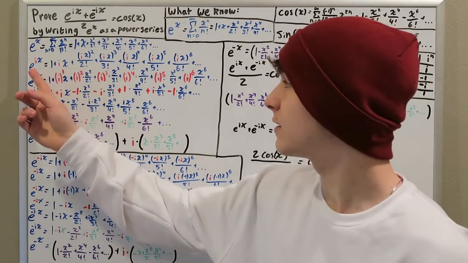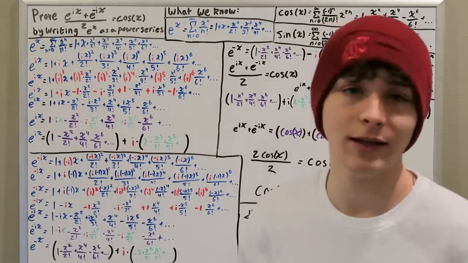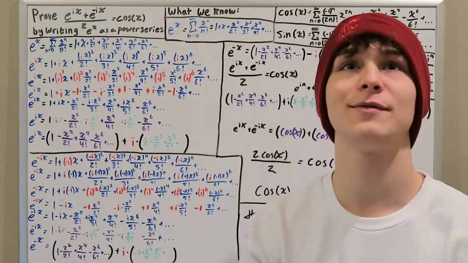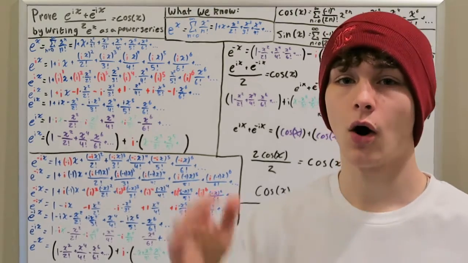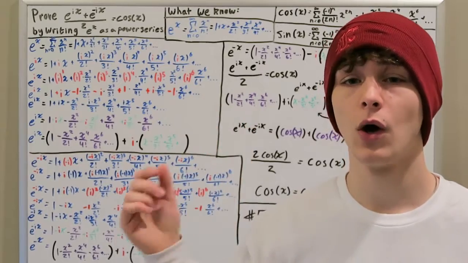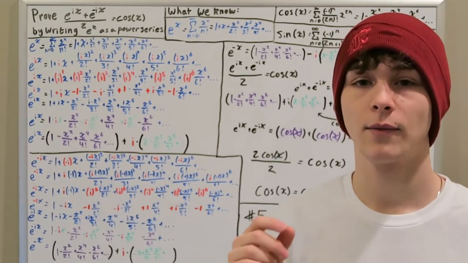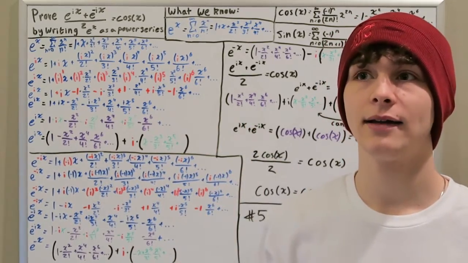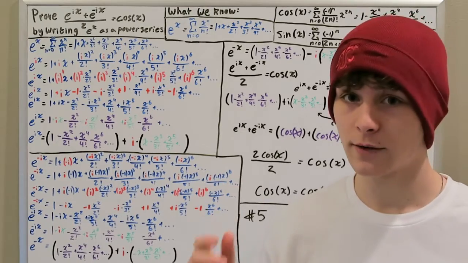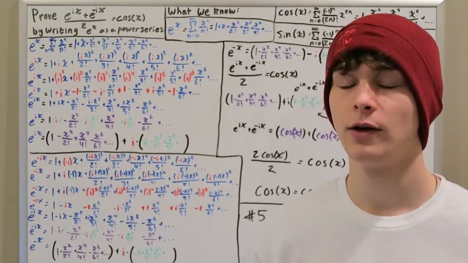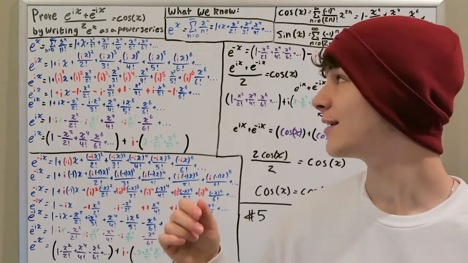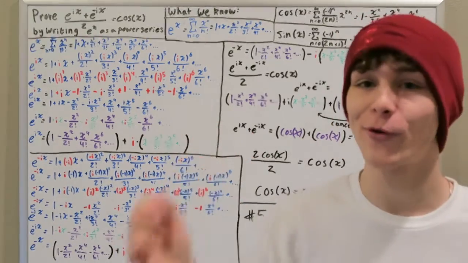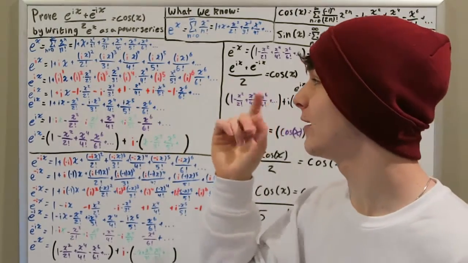So this ultimately gets us e to the power of ix equal to 1 plus ix plus (ix) to the power of 2 over 2 factorial, plus (ix) to the power of 3 over 3 factorial, plus (ix) to the power of 4 over 4 factorial, and this is going to go on for infinity.